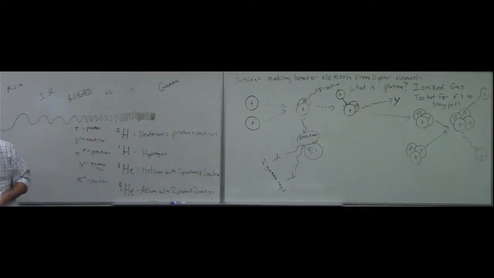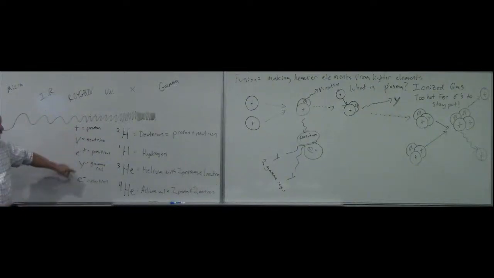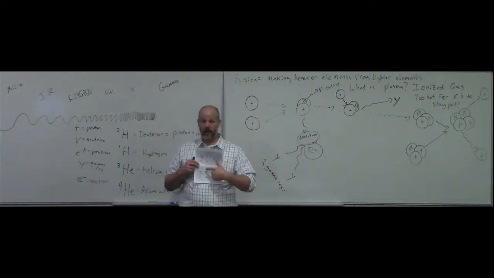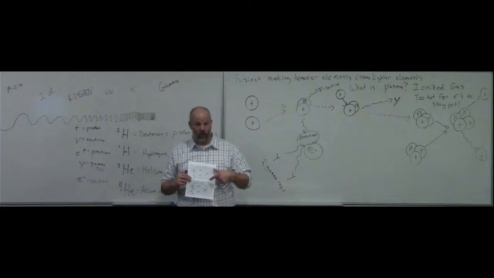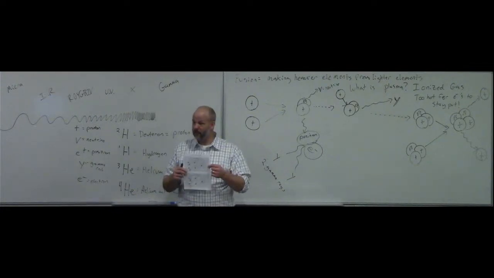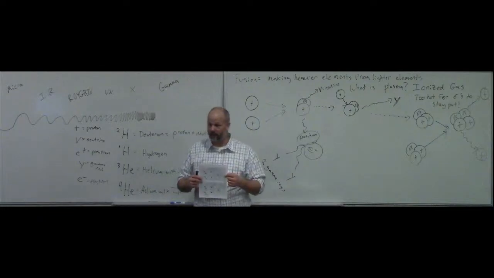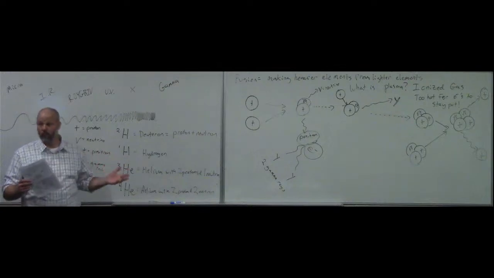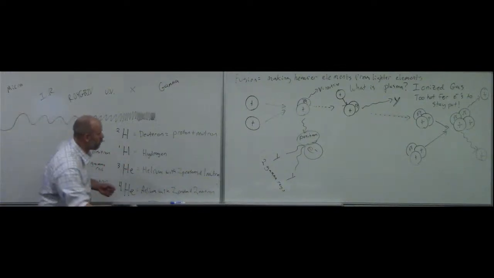Again, your goal is to understand each of these symbols, and given a drawing like this, to be able to label it. Or if I give you this drawing, to be able to tell me what every symbol is. If I ask what's happening at this step, you should be able to tell me what the particles are.